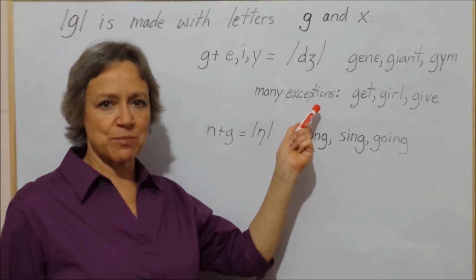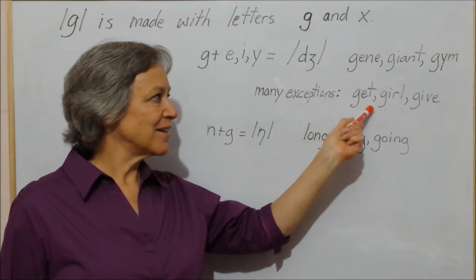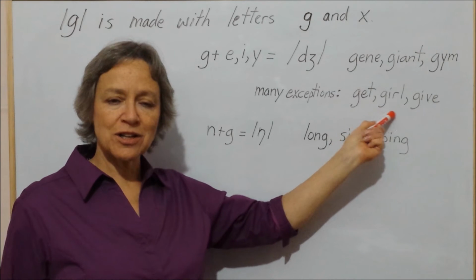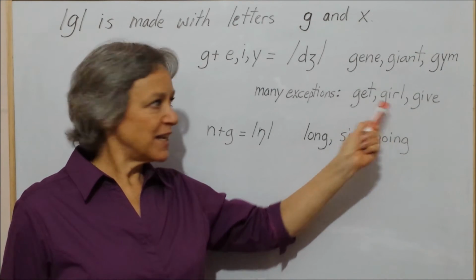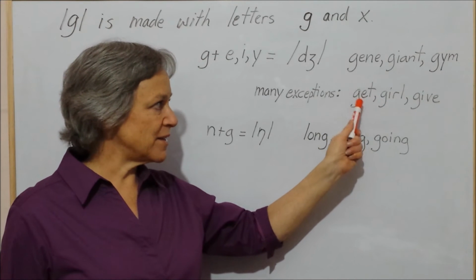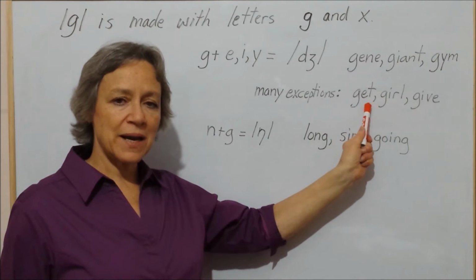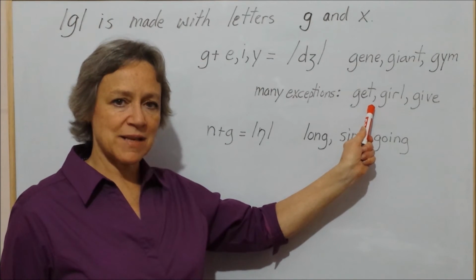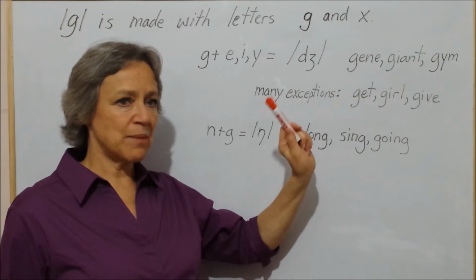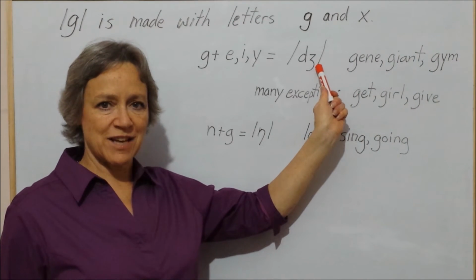Here are three exceptions: the word get, the word girl, and the word give. In each of these, the letter G is followed by an E or an I, but we get the G sound. Most of the time, though, with these three letters, we get the J sound.